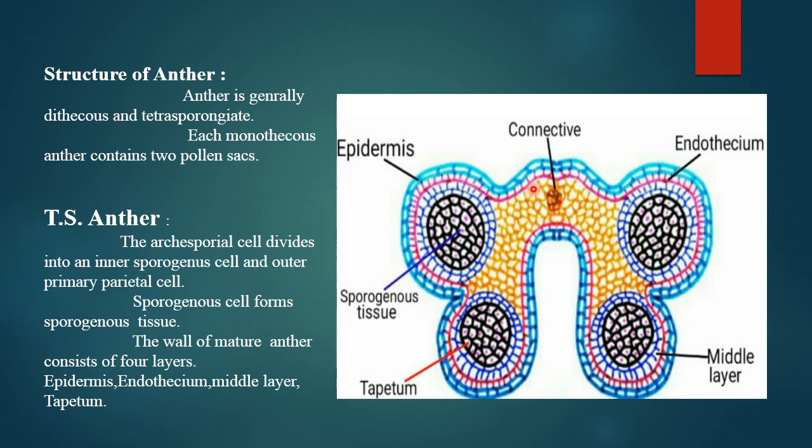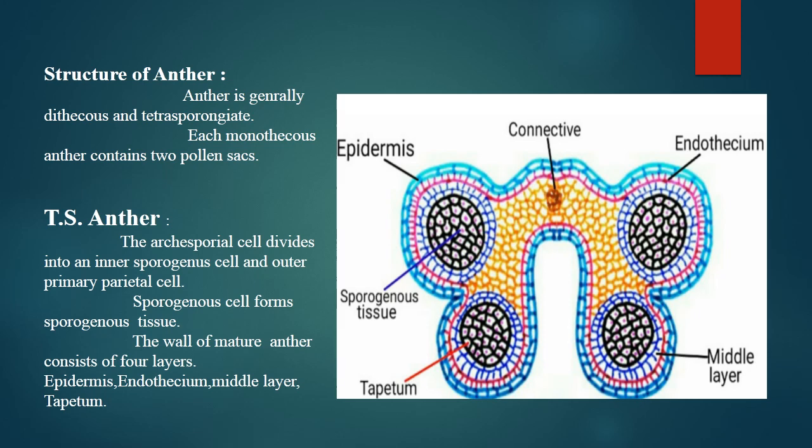Below the middle layer is the tapetum, which is the innermost layer of the microsporangium. The tapetum is the innermost nutritive layer of the anther wall. It immediately encloses the sporogenous tissue.